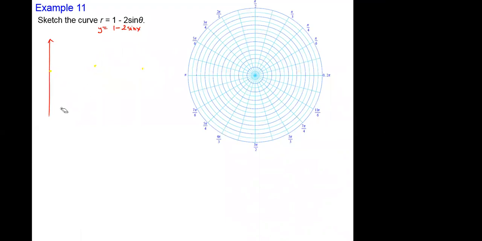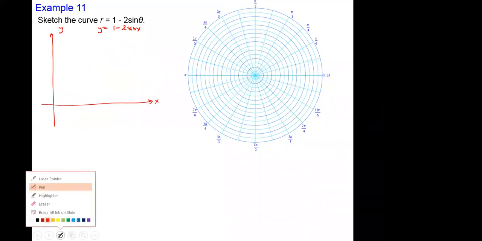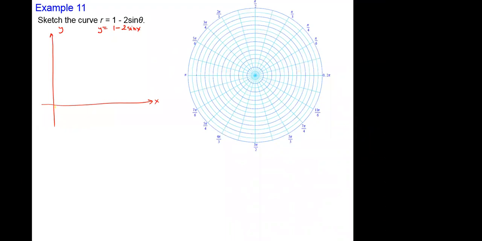Okay, let me do it one more time because now we know what I'm doing. Actually, I don't need that yellow. Up. Okay, because I have to see how the radii will behave. Okay, that means this is 2.